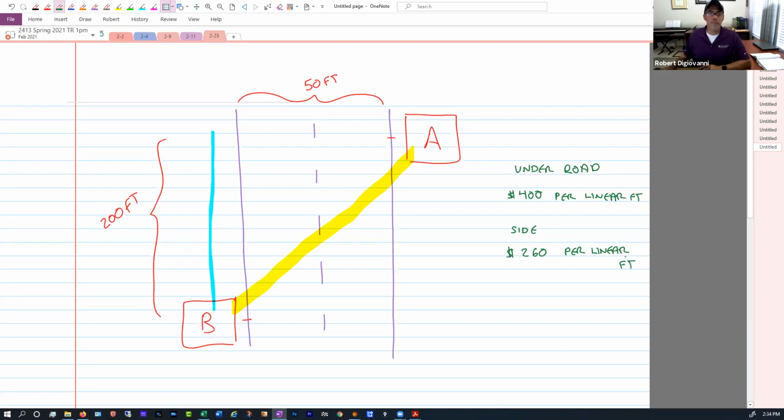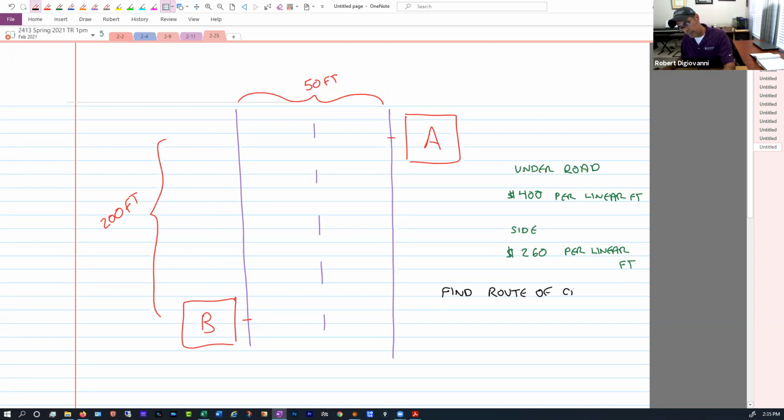Do you understand the situation? Everyone got that? The question is, how do I do this for the cheapest cost, for the least cost? So find the routing of the cable to get the minimum cost.